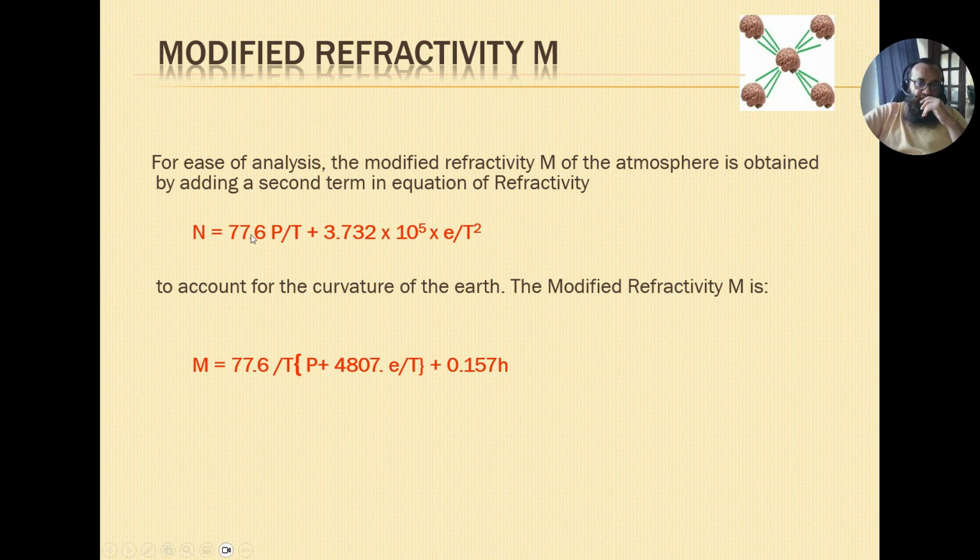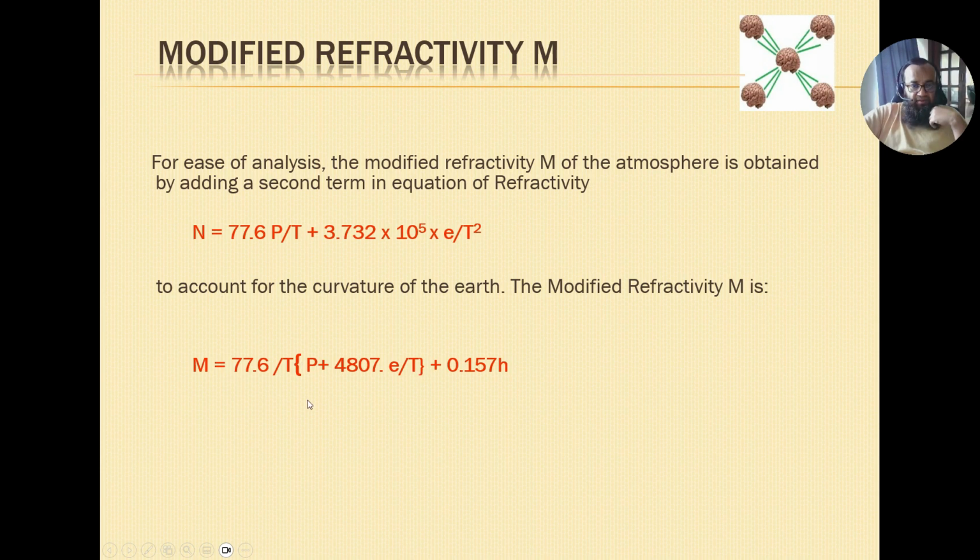If you see, in the start it is a bit similar to this formula. We take 77.6 slash T as common, so we have P here and 4807 e divided by T here.